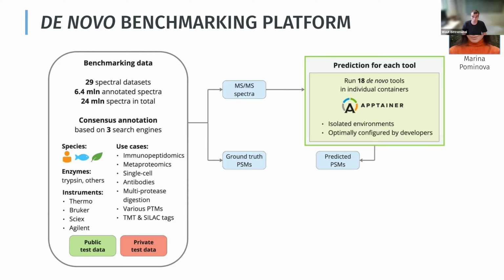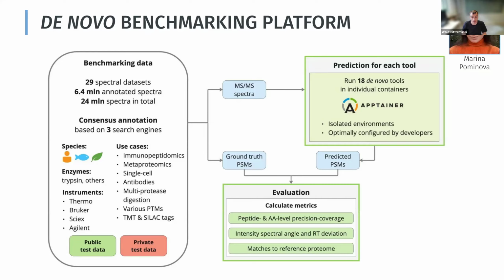We then collaborated with developers from 18 different de novo tools who contributed to our benchmark by implementing their tool in an Apptainer container to run in our runtime environment. And with each of these 18 different tools, we make predictions for all of those benchmarking data sets. And then we compare those predicted PSMs to the ground truth PSMs, and we calculate metrics to evaluate the performance of these different de novo tools.